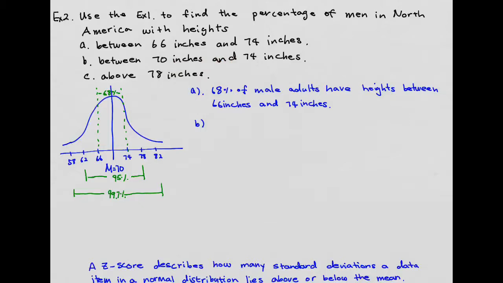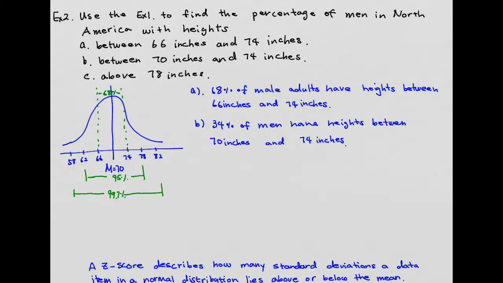So you're looking at from the mean to 74. Remember, because the right side of the mean and the left side of the mean are equivalent, if you cut 68 in half, you're going to end up getting 34. So 34% of men have heights between 70 inches and 74 inches.